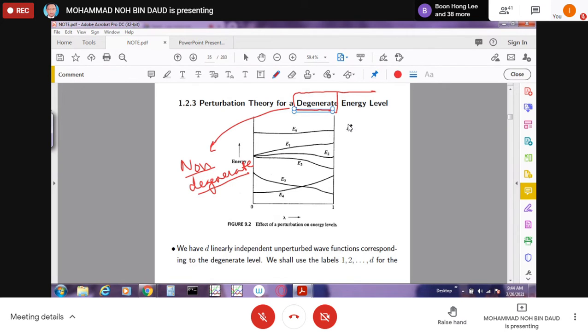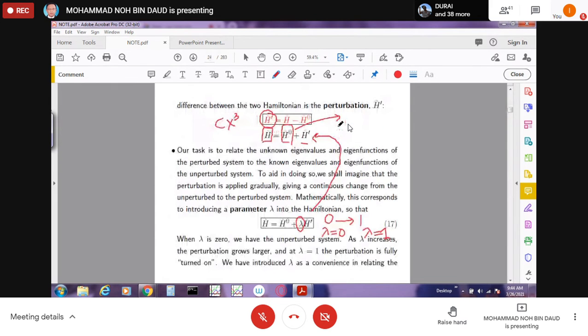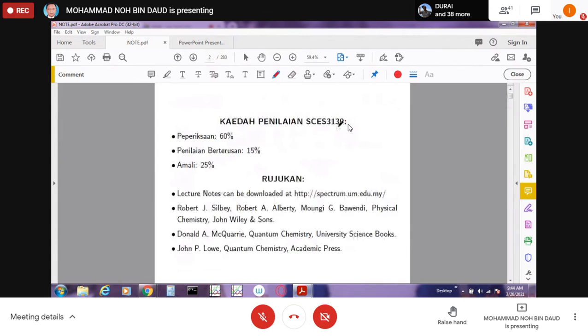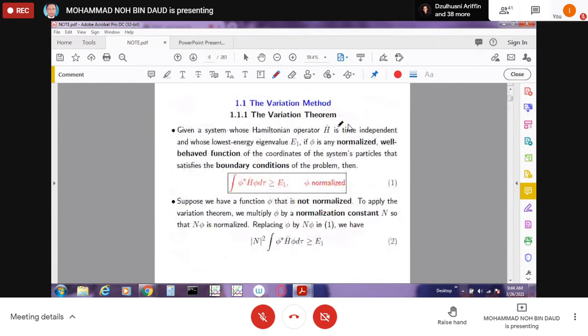Like what we did for linear trial functions. Okay, going back to this topic. Starting from one basis function, the linear variational function, we have only one basis function with this normalization constant.